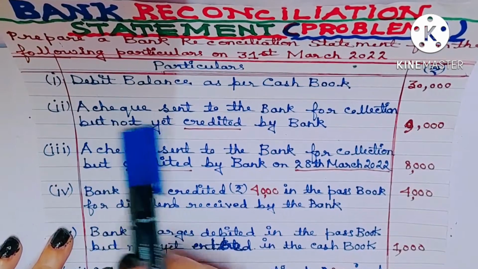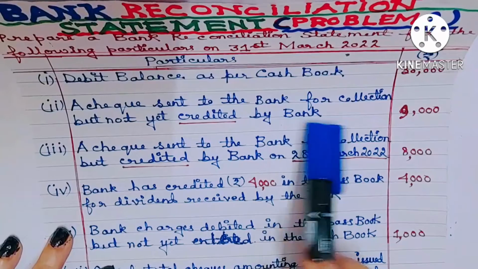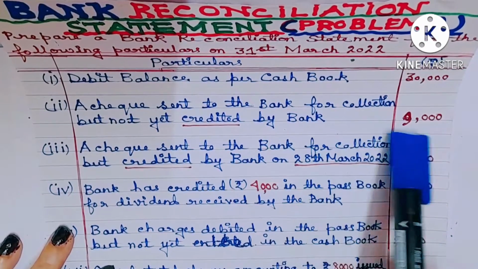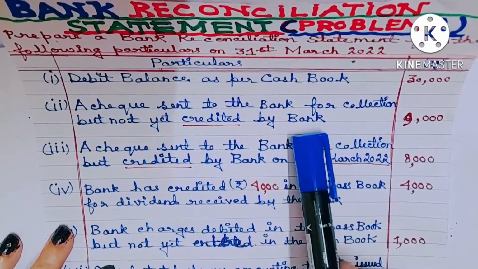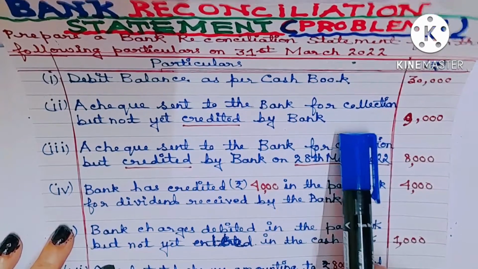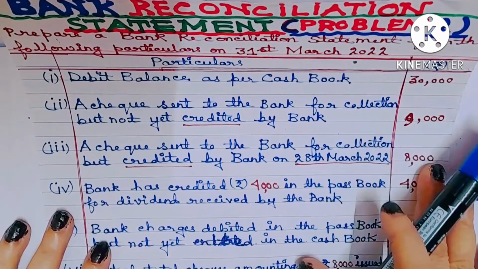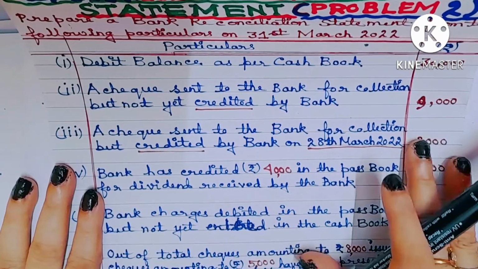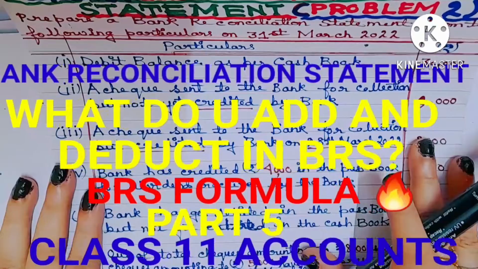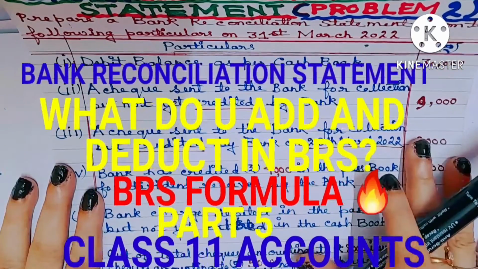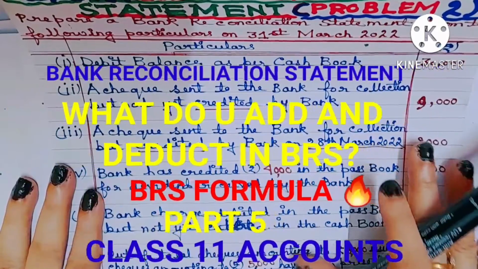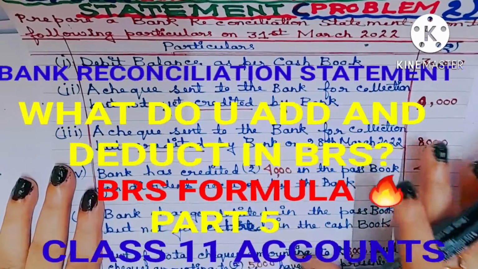Number 2, a check sent to the bank for collection, but not yet credited by bank, 9,000. So should we add this transaction or should we deduct this transaction? Now let's go through the chart. You will get this chart in my video titled Bank Reconciliation Statement: Should We Add or Deduct? BRS Formula Part 5, Class 11 Accounts.